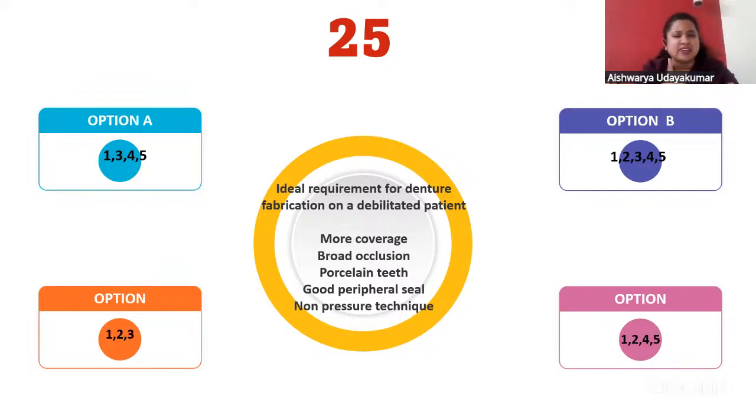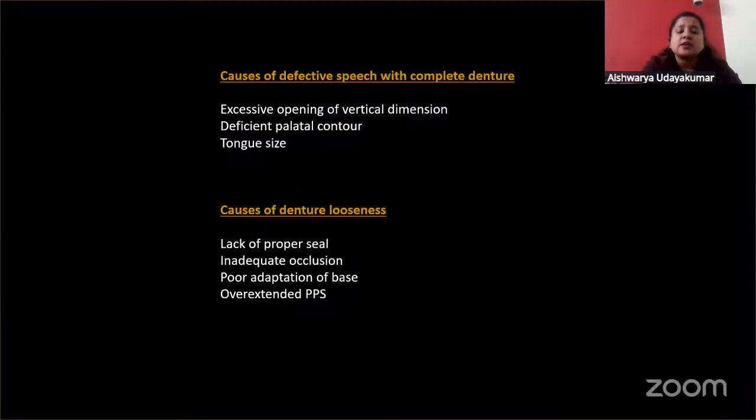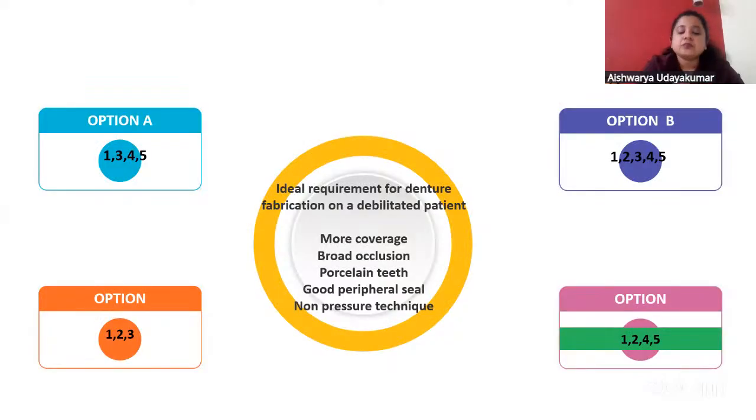Obviously, by giving severe pressure on the denture-bearing base, the resorption increases. I have provided the reasons that can also happen in debilitated patients. If there is looseness, it can be due to lack of proper seal, inadequate occlusion, poor adaptation.